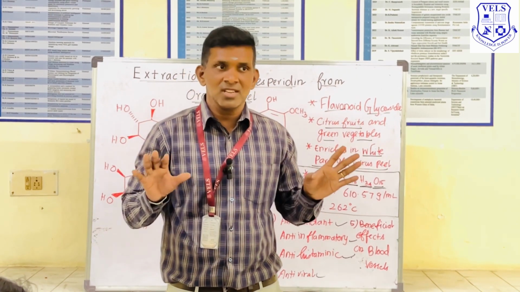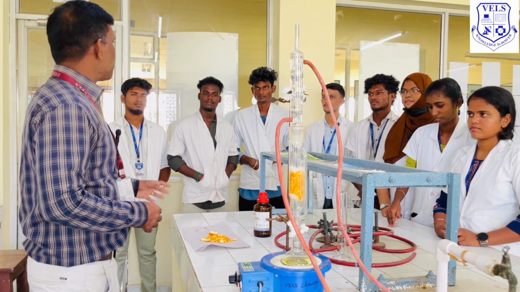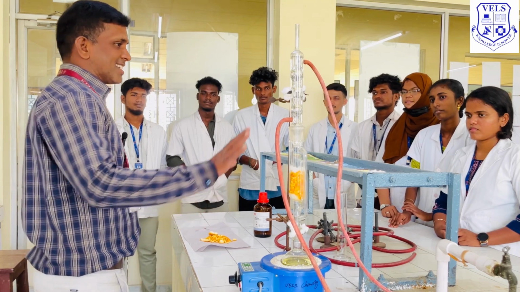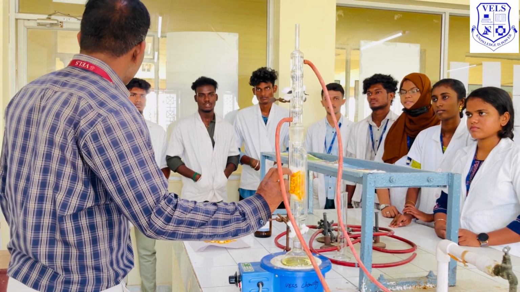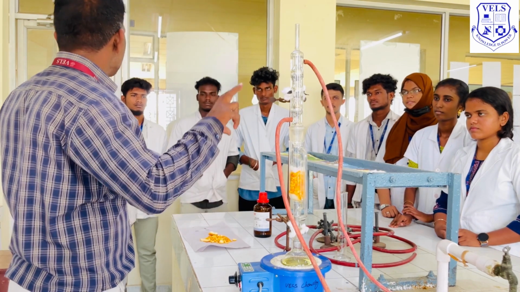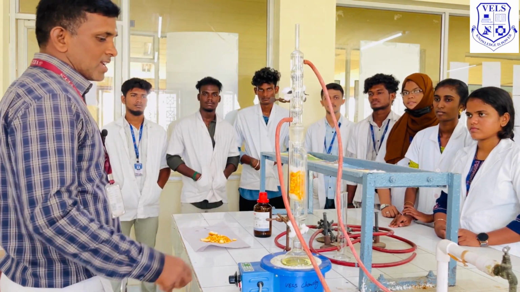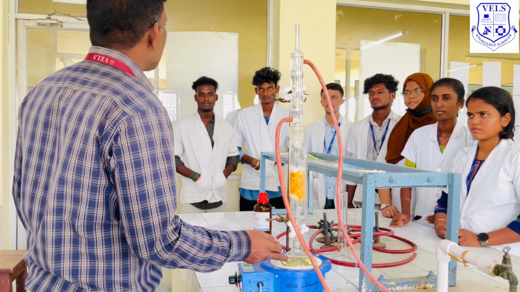So this is the procedure we are going to do now. In order to extract the hesperidin from orange peel, this is the setup. Here I have taken 20 gram of orange peel, which I kept in that oxalate distillation unit, and here I have taken 200 ml of hexane.